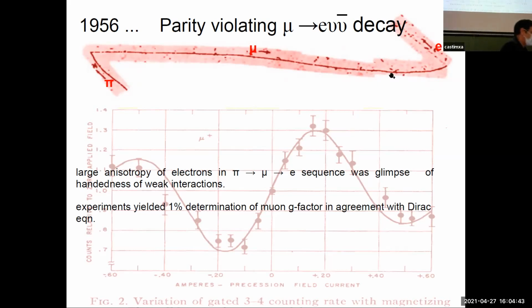So when cosmic ray protons hit the upper atmosphere, they actually produce particles called pions. And those particles called pions, which are strongly interacting particles, then quickly decay to muons. And then the muons decay to an electron. And so this is what we would call a decay sequence.